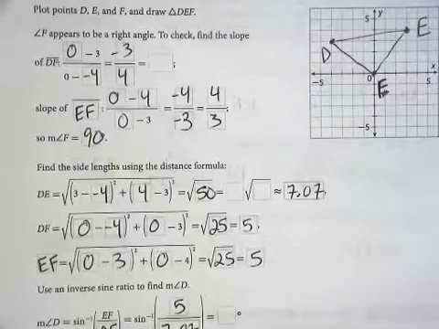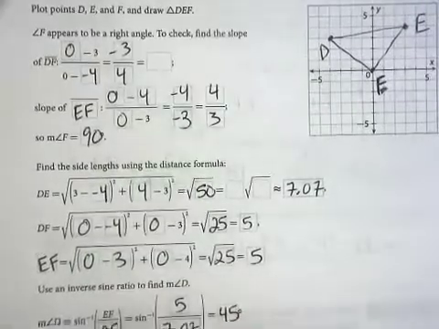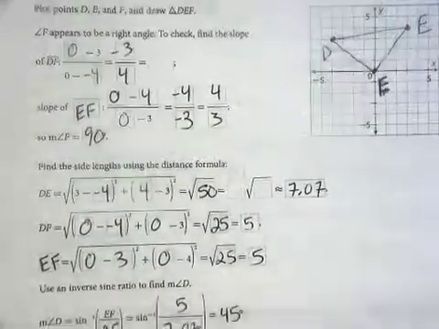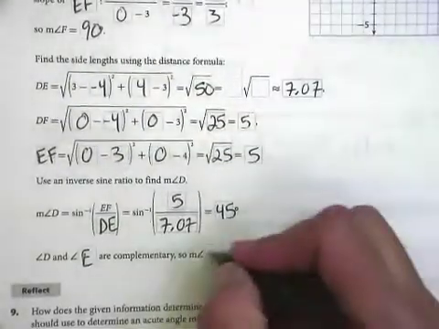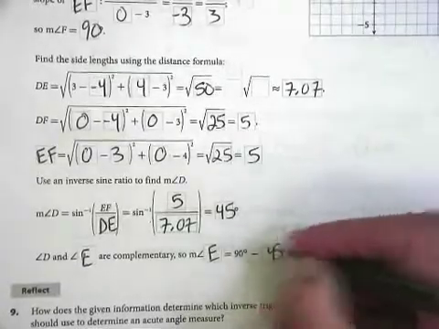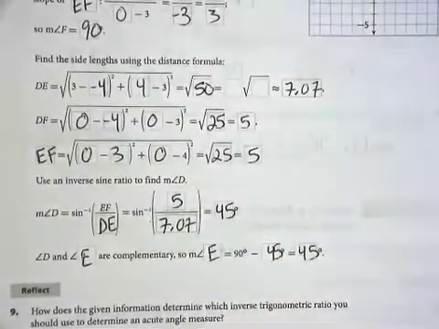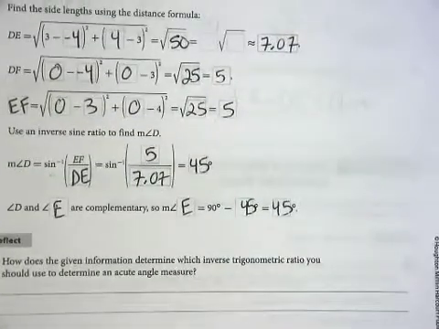So when I take 5 divided by 7.07 and I take the inverse sine of that, I get approximately 45 degrees. Angles D and E are complementary, so angle E will equal 90 minus 45, which is also 45.